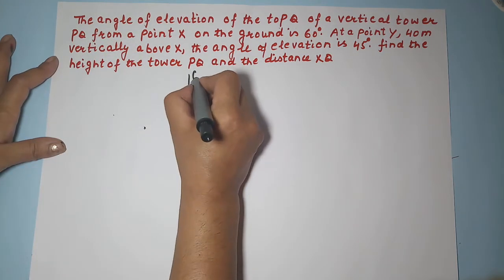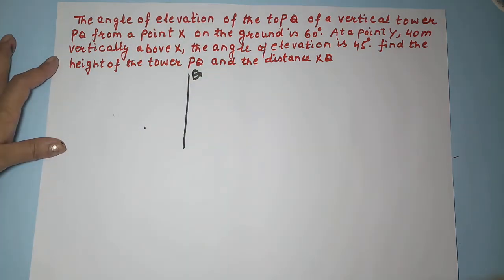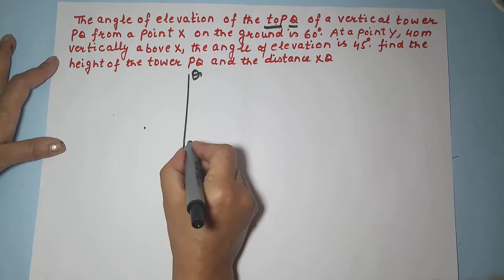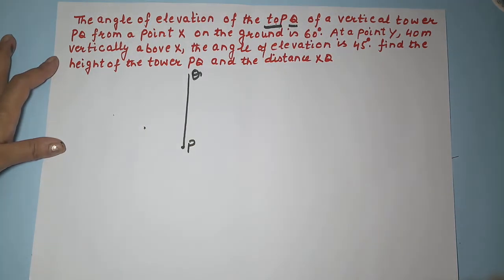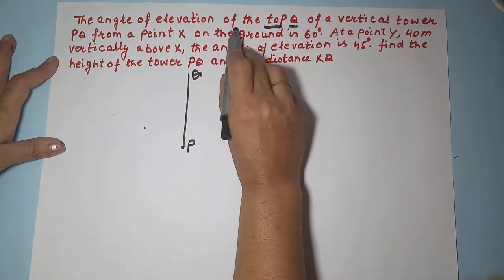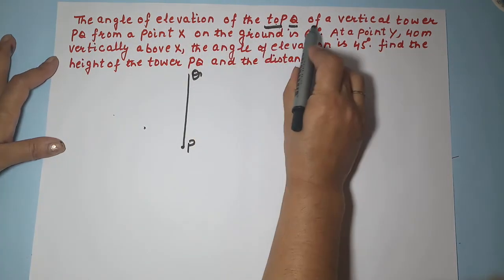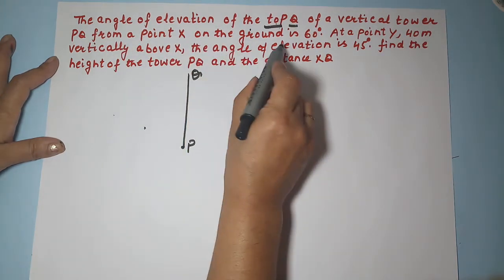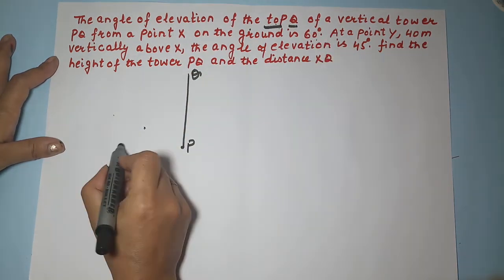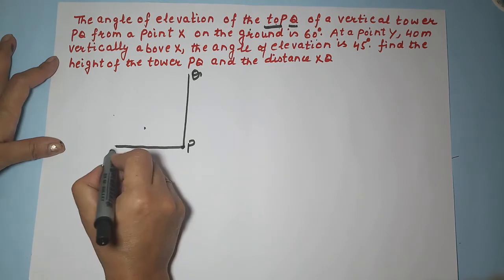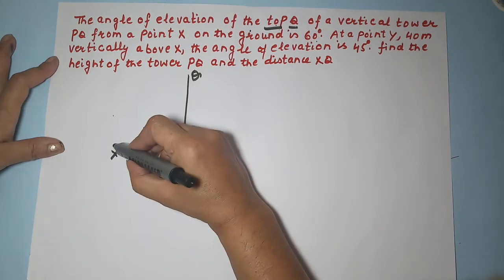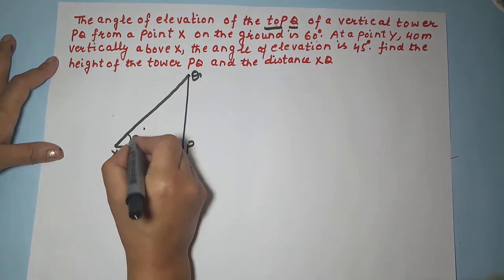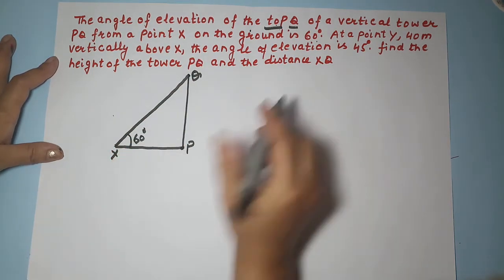This is the top of the tower, Q, and this will be P. The angle of elevation of the top Q of a vertical tower PQ from a point X on the ground is 60. So there is a point on the ground X and the angle of elevation to the top Q is 60 degree. So far so good.